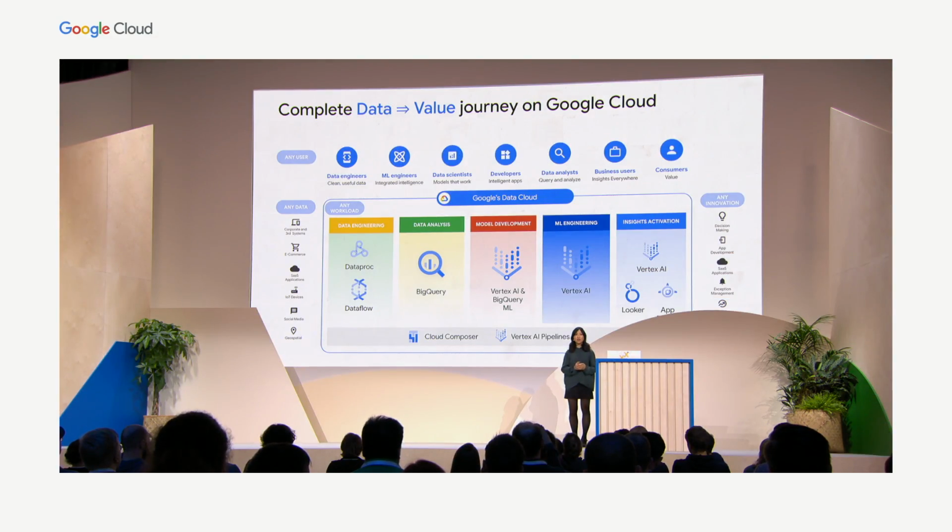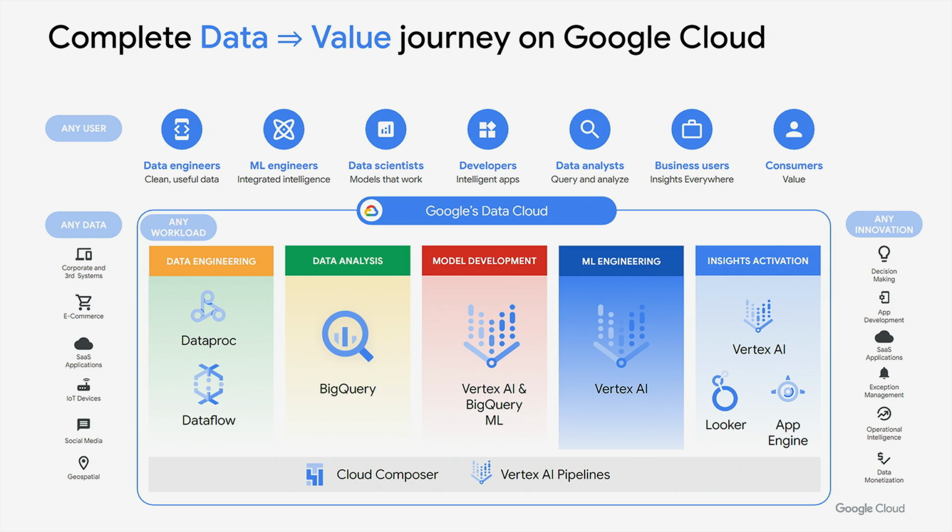So these slides show how you could build an entire data to ML journey with Google Data Cloud. And I would like to say that this is not all of our services provided on our platform. This is just an example of some of the tools that you can use to get value from your data on GCP.